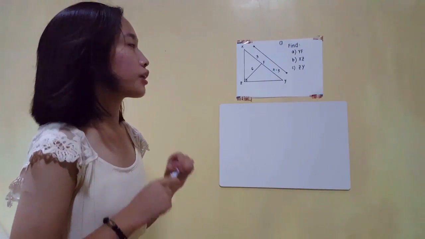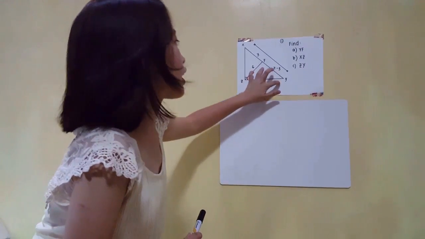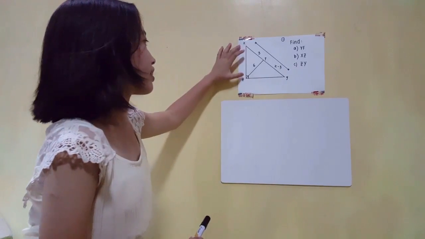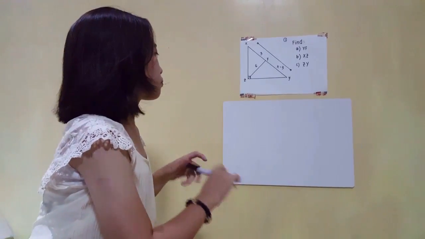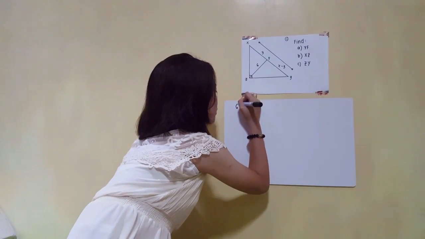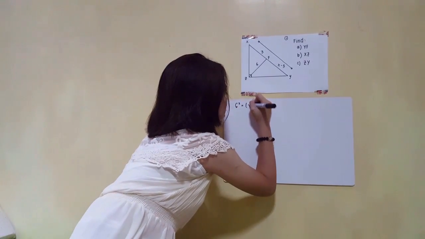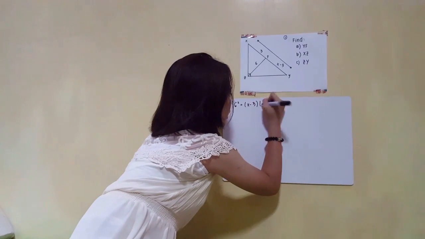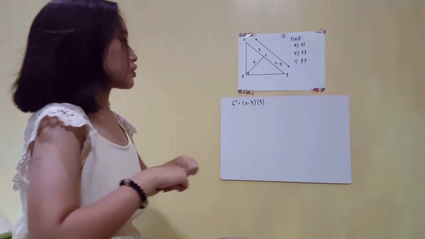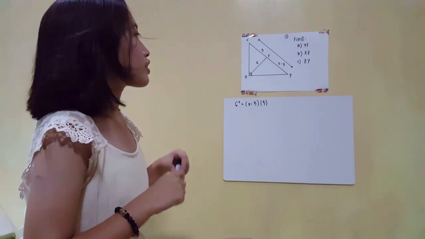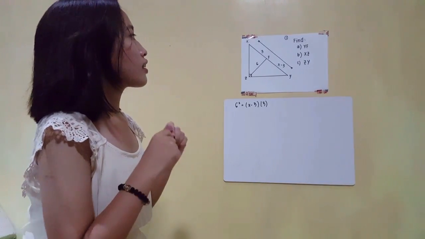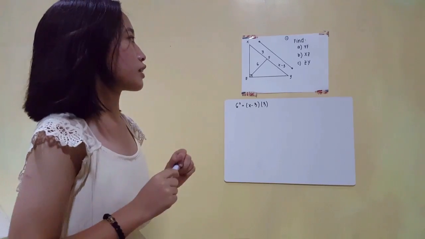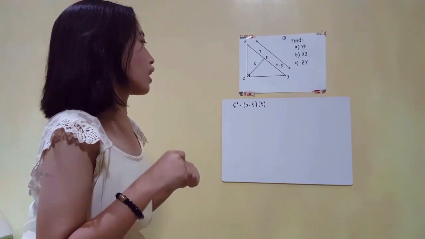Problem number 1, we are asked to find line segment YF, line segment XZ, and line segment ZY. We will simply equate this into 6 squared is equal to x minus 3 times 3. Because of what we have said earlier, the geometric mean is equal to the square root of the product of the segments created by dropping the altitude.